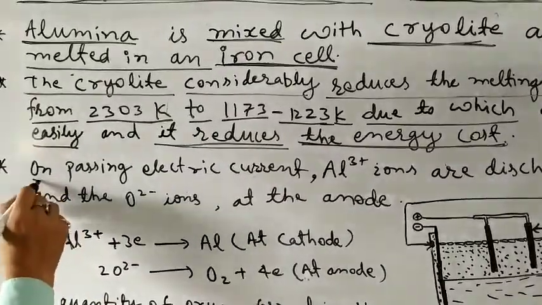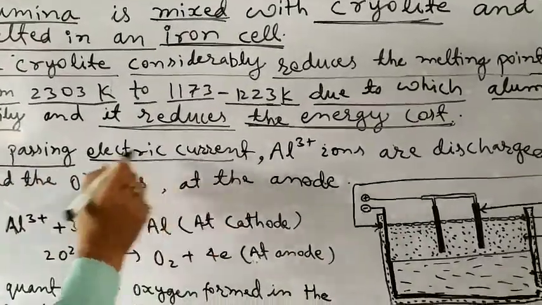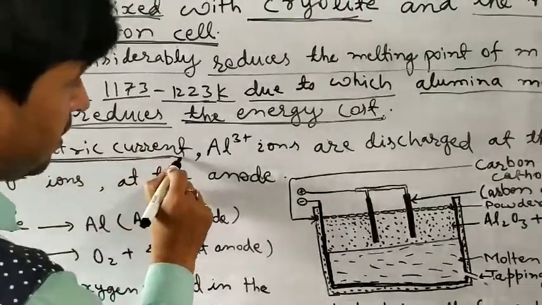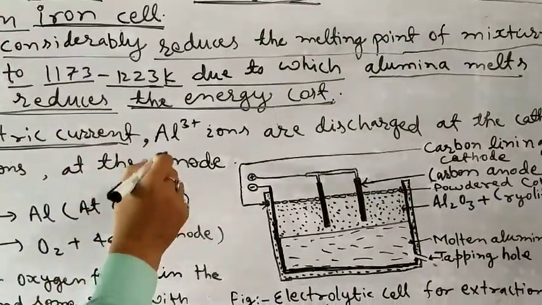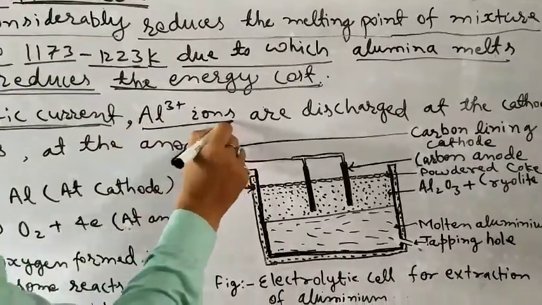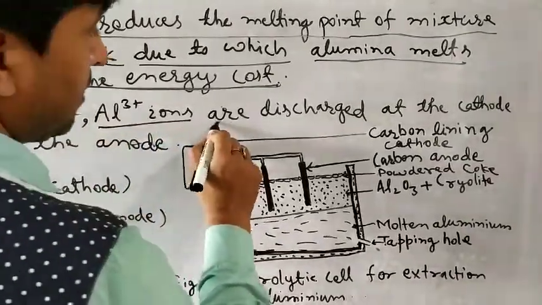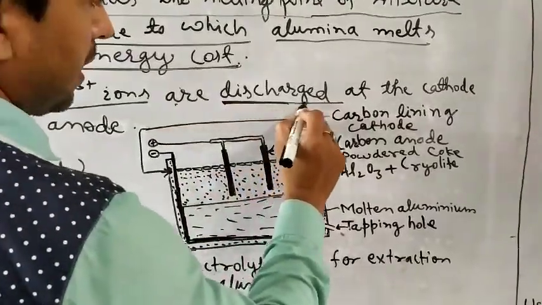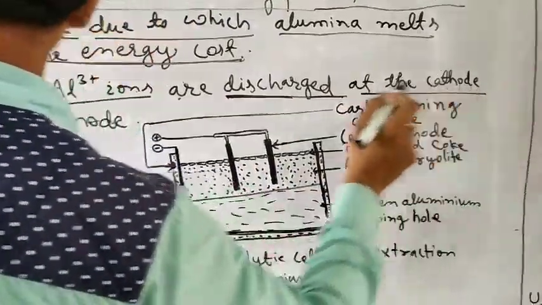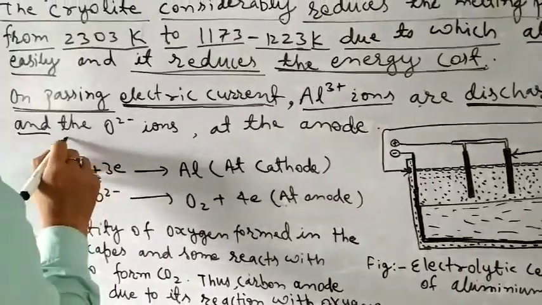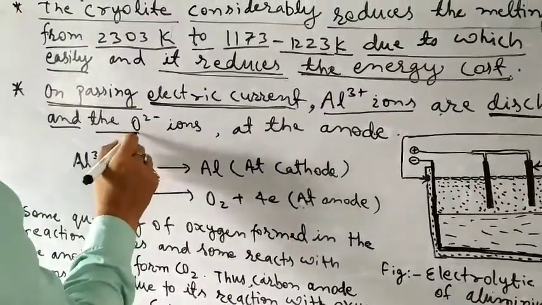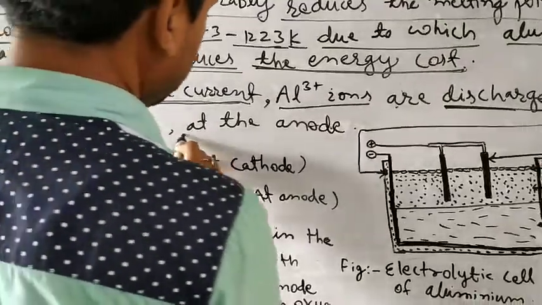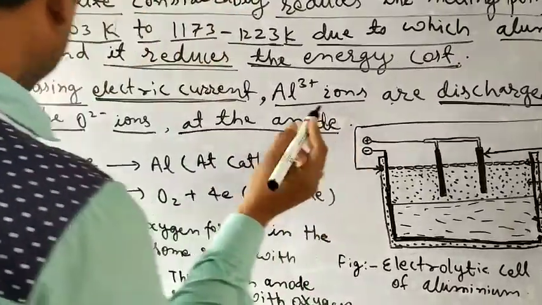Now, on passing electric current through the mixture in melted or fused condition, aluminium ions, Al3+, are discharged at the cathode, and the O2- ions, that means oxygen ions, are released at the anode.